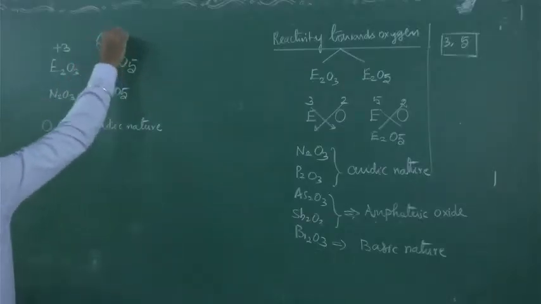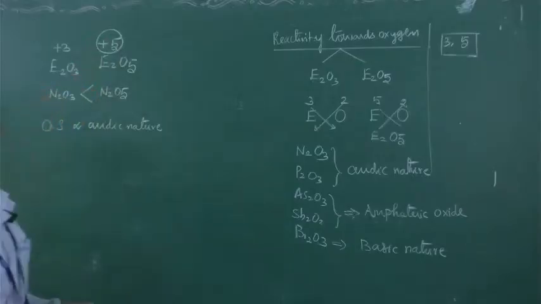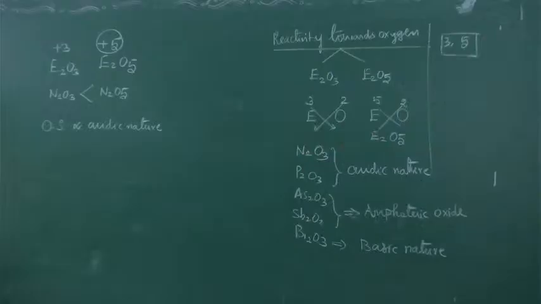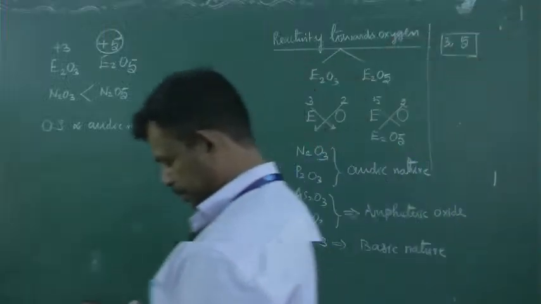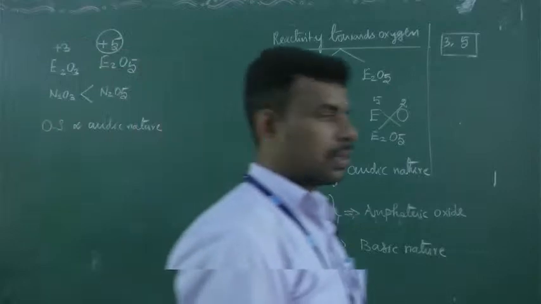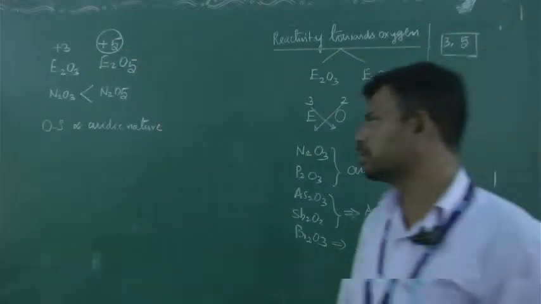Because it is plus 5, N2O5 is more acidic in nature. Please note this. These are the points you have to remember: higher oxidation state is directly proportional to acidic nature. Next, reactivity towards halogen.